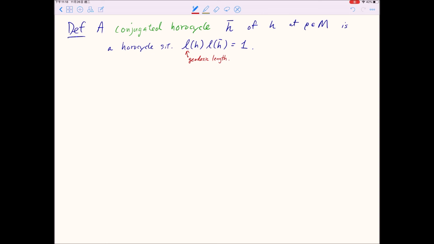So if the original circle is small, then the conjugated circle will be big and vice versa. So let's see the special case for a one-gon with one puncture.